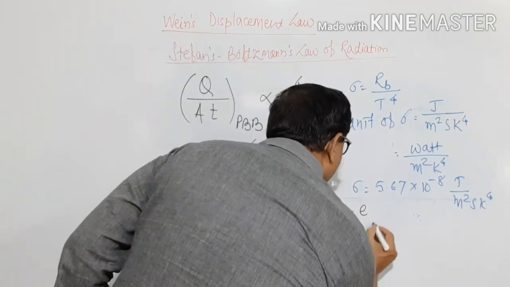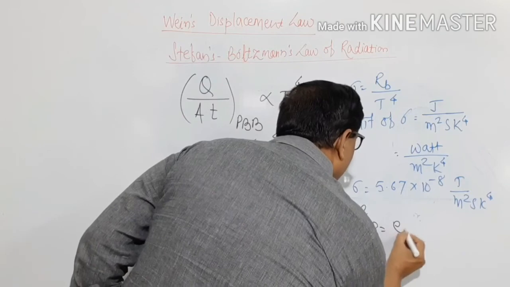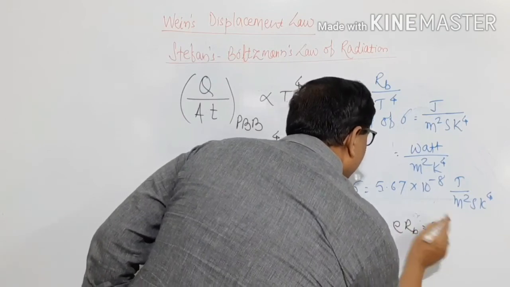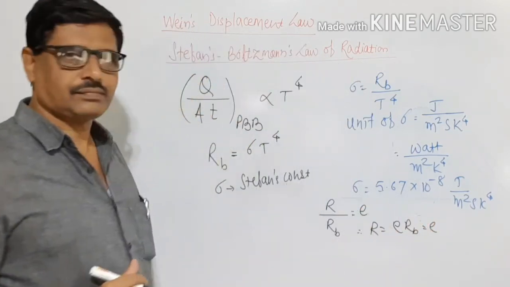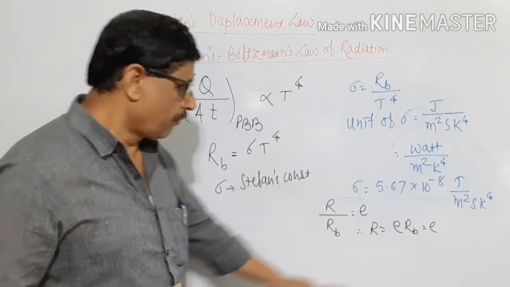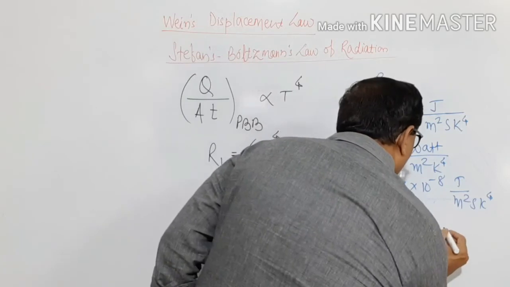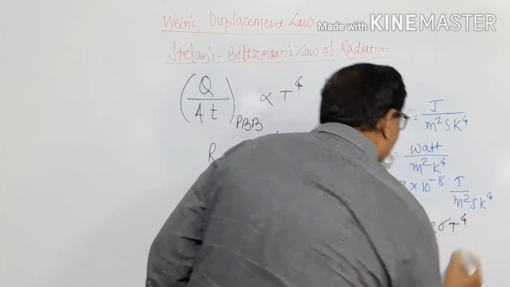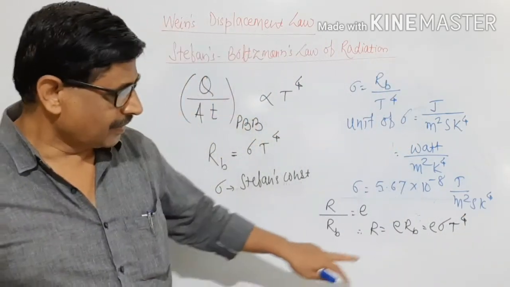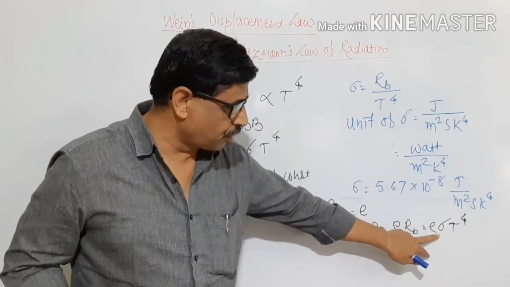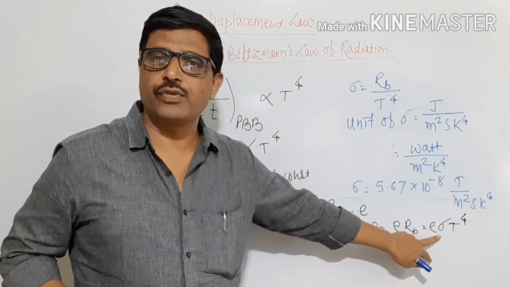Therefore, R is equal to E into RB, where RB is equal to sigma T to the power 4. Only thing is that here you have to add a coefficient of emission.